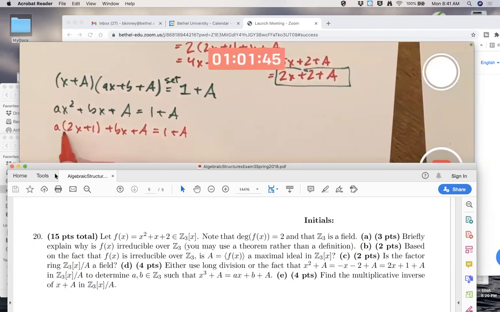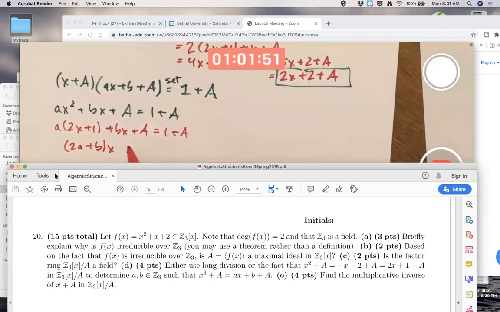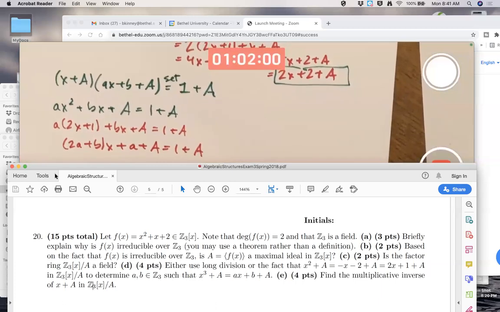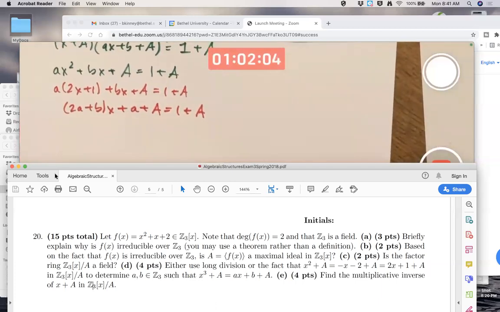The x term is 2a plus b, and then times x. And the constant term is going to be a. There we have it. This gives us a system of equations, one of which is trivial.